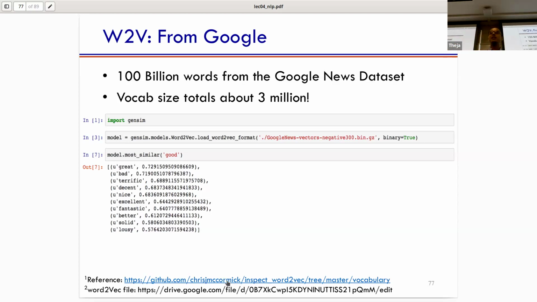There were a couple of ways to do it: count-based, which we did not talk about at all, and prediction-based, where you do some prediction tasks which capture this notion that similar words appearing in similar contexts should have similar vector representations. Word2vec's architecture was like that, where the prediction task was predicting nearby words. That leads us to this vector representation where the vectors of words actually have semantic similarity with other words.